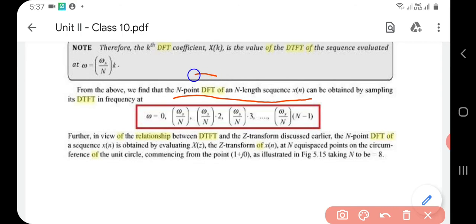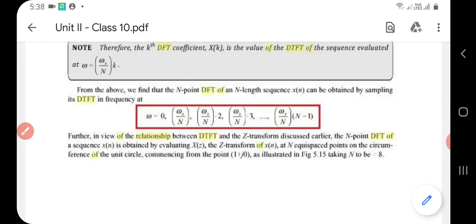That is, a DFT can be obtained from the DTFT by sampling at these frequencies: omega equal to 0, then omega s by N, that is 1 into omega s by N, then 2 into omega s by N, then 3 into omega s by N, and so on up to N minus 1 into omega s by N. If you sample this DTFT at these particular frequencies, you will get the corresponding DFT of the sequence.